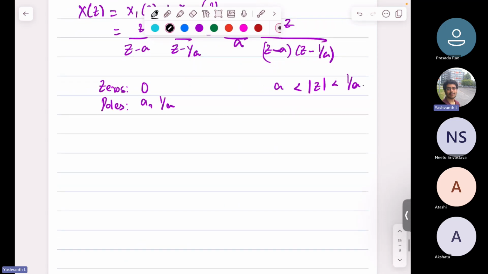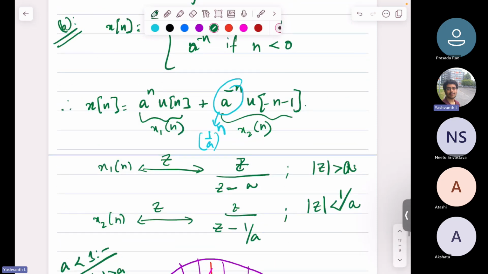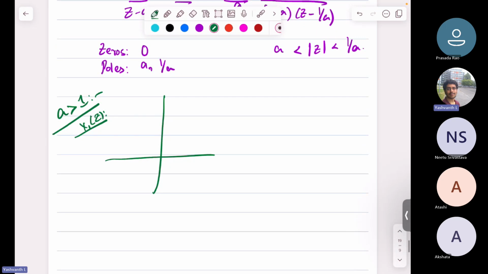So now the next question is this was for A less than 1. For A greater than 1, can anyone guess the answer? For your x1 of z, your ROC is mod z greater than A. But now A is greater than 1.